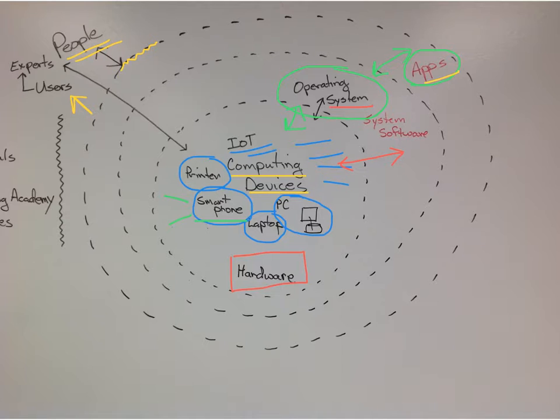Type up a term paper, maybe you do some YouTube videos for fun, or maybe you do that for part of your living, which people can do. So we talked about the people that just really want to use technology and maybe do not care to know a lot about how it works.